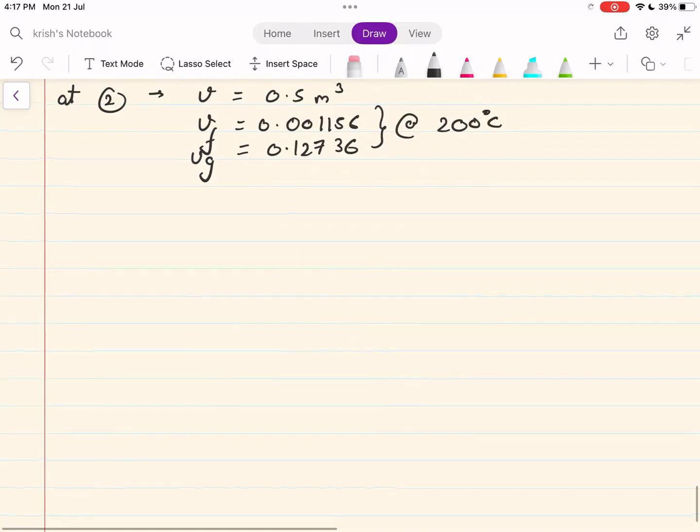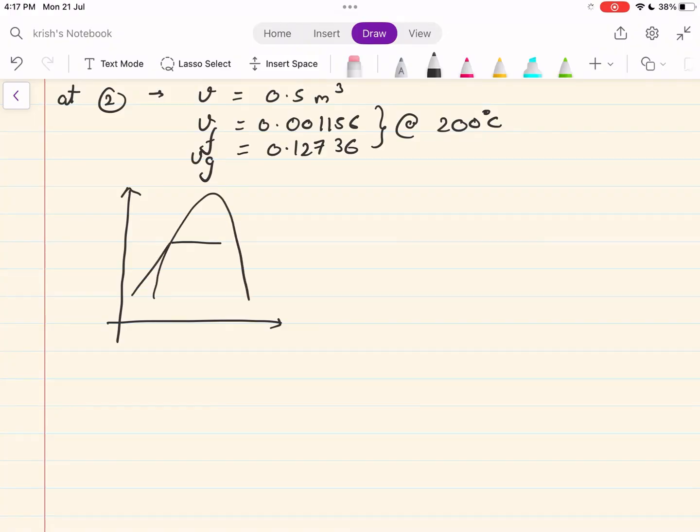Right. So how do we determine the state of water at 200 degrees Celsius? This is our Vf. This is our Vg. Now our given specific volume is clearly more than Vg. So our given specific volume lies somewhere here, which means superheated.